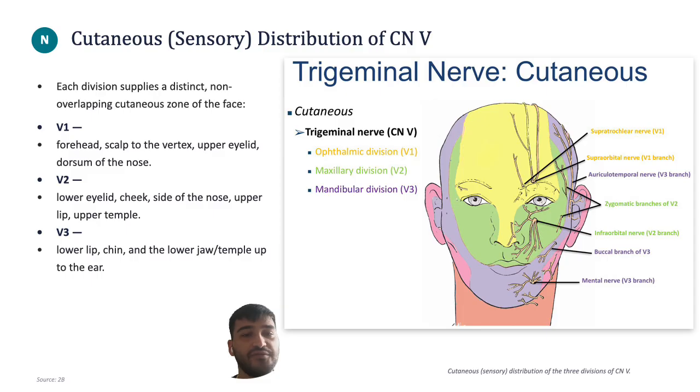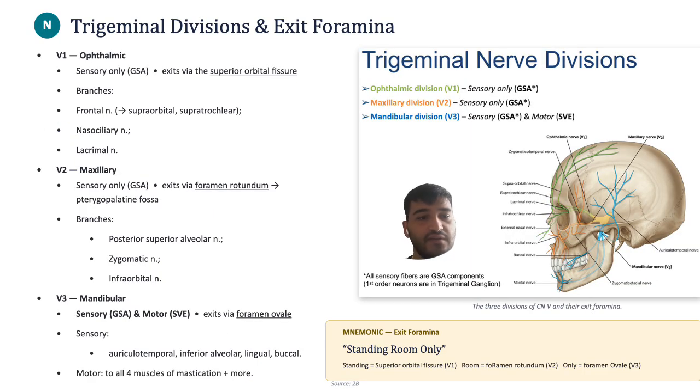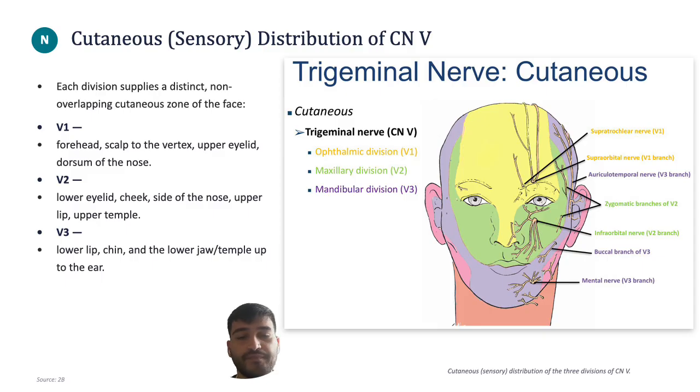And then we go into the cutaneous sensory distribution of cranial nerve 5. So we have the forehead, scalp, upper eyelid, and dorsum of the nose, which are V1. And as we said, those were NFL. And you see the branches of the frontal from our NFL going to supratrochlear and supraorbital.